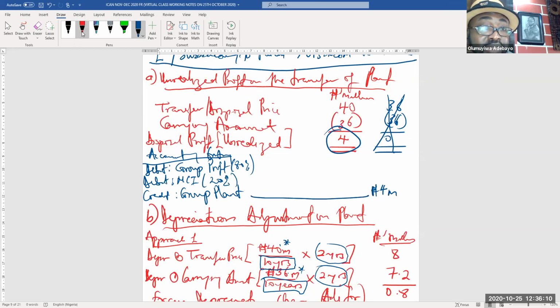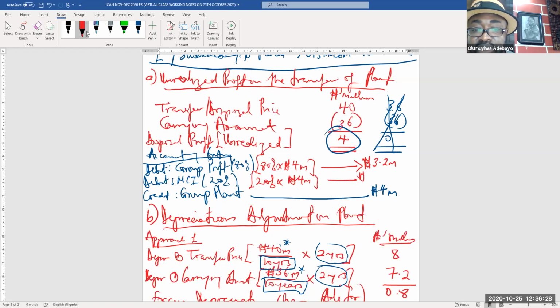Now, the 80% of 4 million, which is 3.2 million, will affect the parent, and 20%, which is the balance of 4 million, which is 800,000, will affect the NCI.